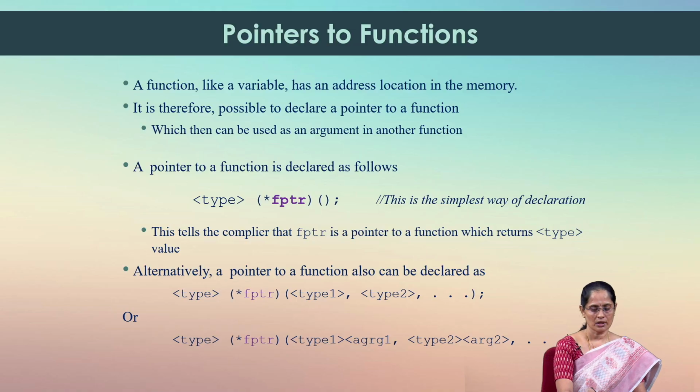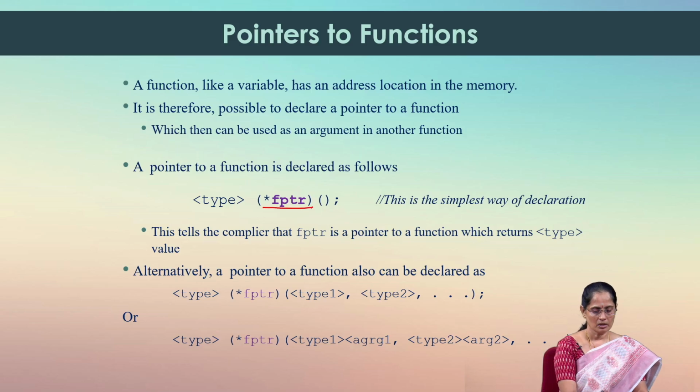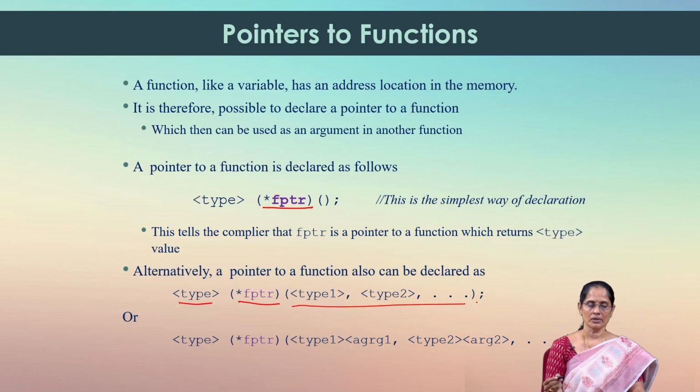Pointer to functions: as we have already seen, if we have a pointer to a function, we have to write the function name with the asterisk symbol, enclosed within parentheses, right. The alternate way of creating a pointer to a function is the return type, the function name with the pointer symbol, and the list of arguments ending with a semicolon.